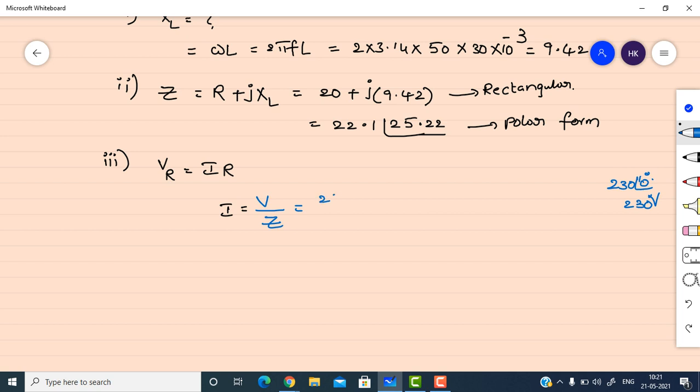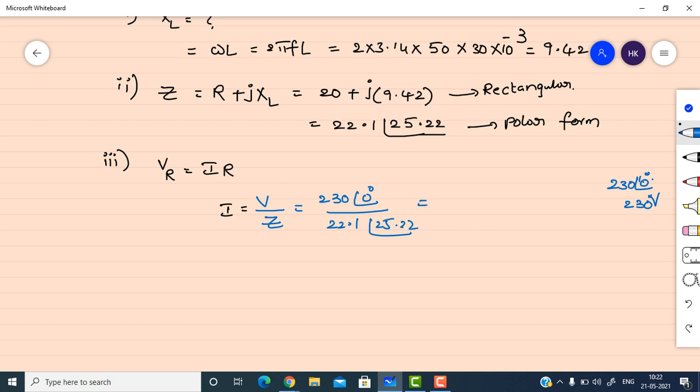So this voltage is in polar form, 230 at an angle 0, divided by impedance. Impedance in polar form you have to take, because we are performing the division. Polar form can be used for division. So 22.1 at an angle 25.22.